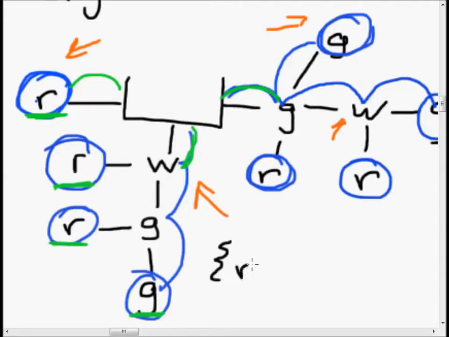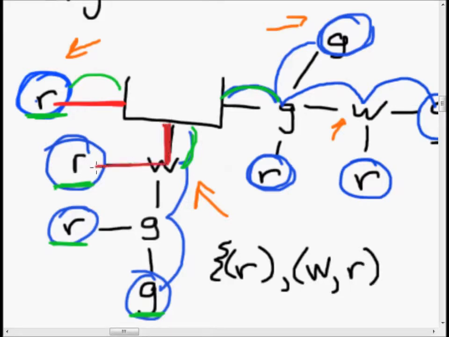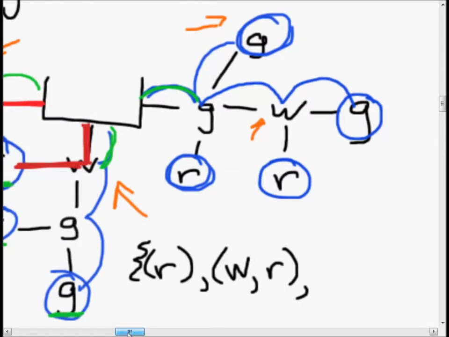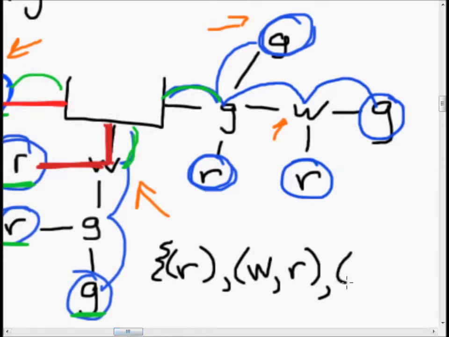So the first one would be just R, right? And that's just that one. And then the next one would be white, red. Right? And I'm not going to go through all of these, but just for the first couple, white and then red. Okay? Then the next one, let's see, is going to be white, green, red.